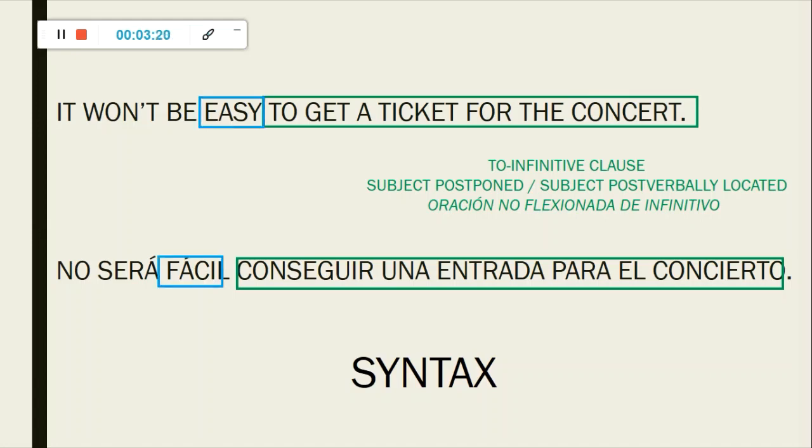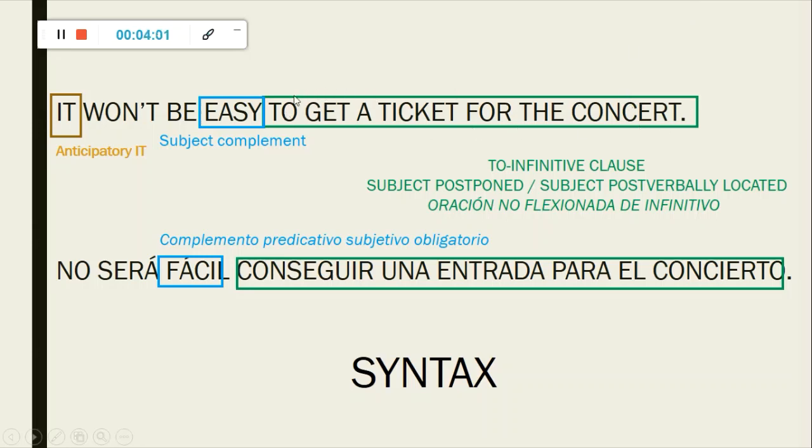Then we find easy and fácil, adjectives as part of speech, functioning as subject complement or complemento predicativo subjetivo obligatorio in the case of Spanish. And then we find the anticipatory it. In this case, this it, this pronoun in pre-verbal position, is classified as anticipatory it because it is anticipating the subject, the real subject that was placed at the end of the sentence.